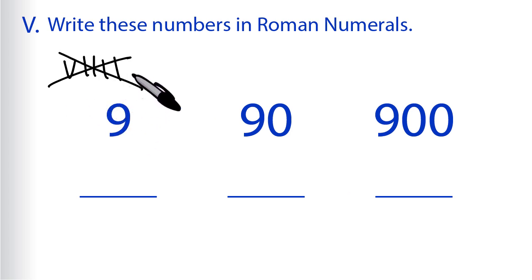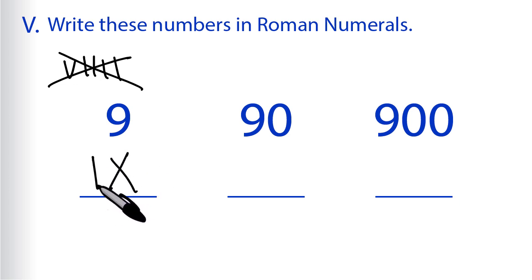And so when we're in a situation where we would repeat it more than 3 times, we're instead supposed to subtract from the next larger value. So instead of adding to the V, or adding to the value 5, we subtract from the value 10 to get 9. So we have IX.